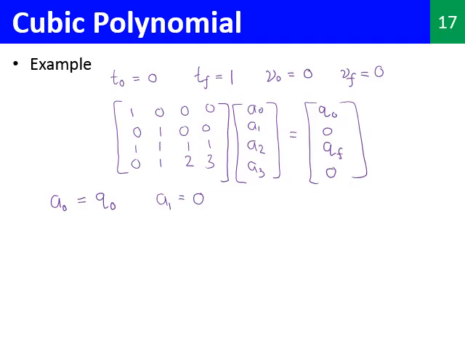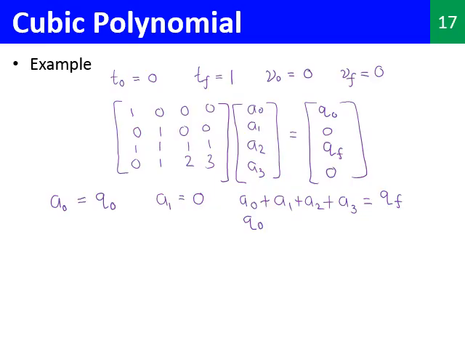And from the third row we can write a0 plus a1 plus a2 plus a3 equals qf, and a0 is q0 and a1 is 0, right?